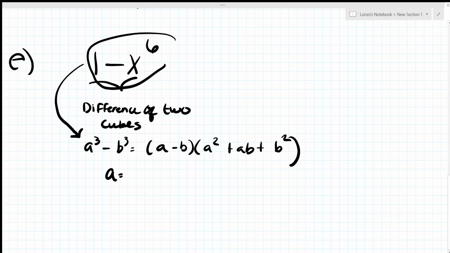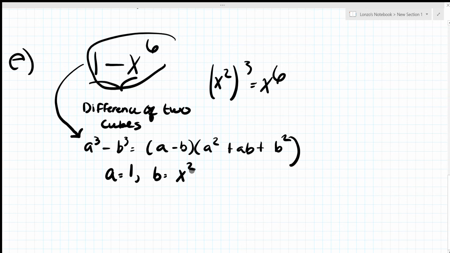Just 1, right? Yeah, it's just 1. And then what do you think my b is? I'm going to say my b is going to be x squared. The reason why is because when you cube x squared, and raise that to the 3rd power, what do you get? X to the 6th, right? So that's why my b is x squared.